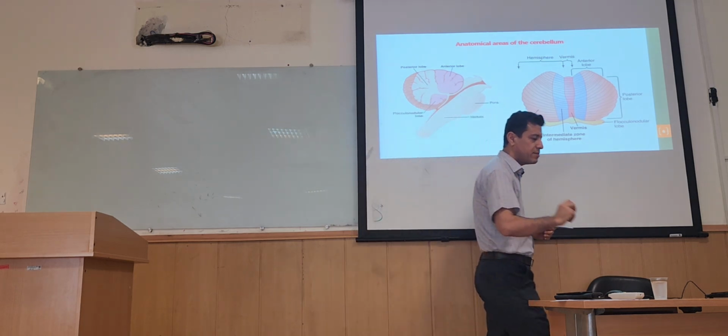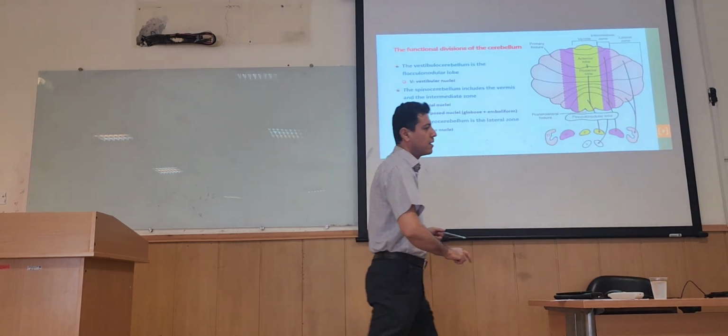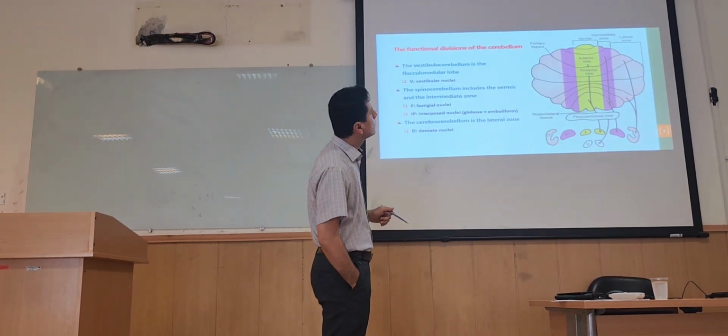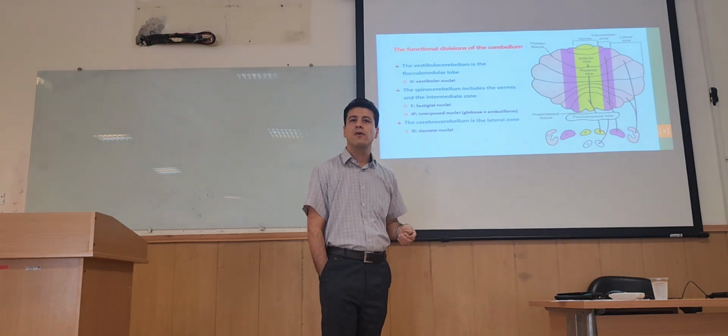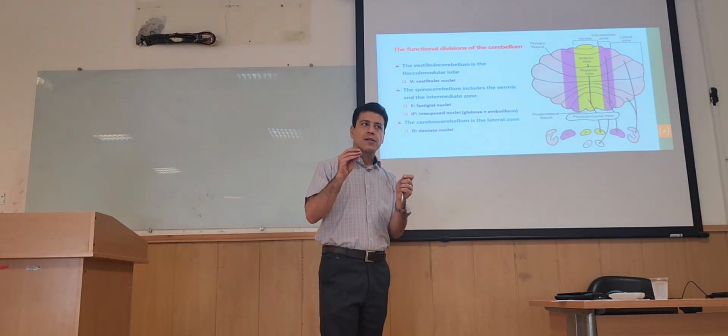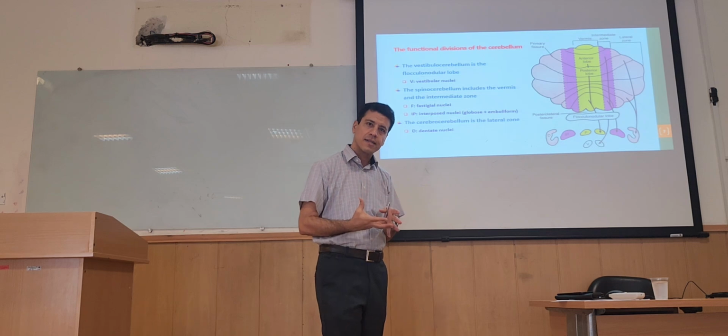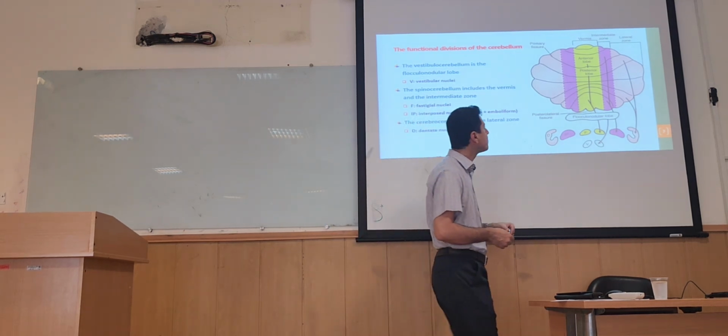So this is the anatomy of the cerebellum, and you know that each part of the cerebellum is connected with some deep nuclei inside the cerebellum. You know that, right?